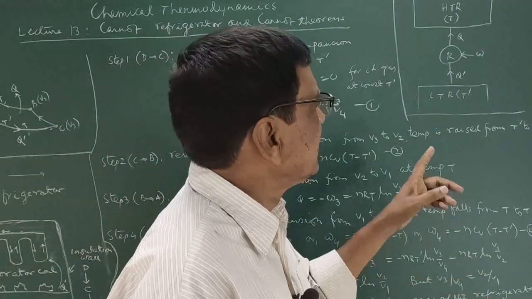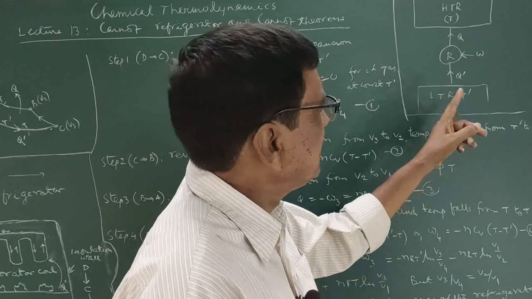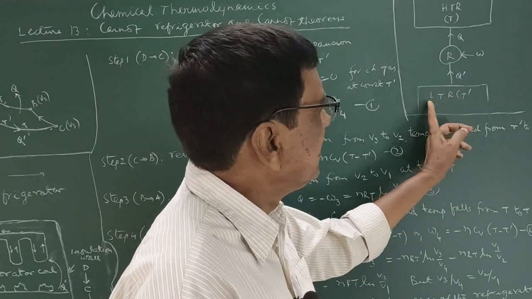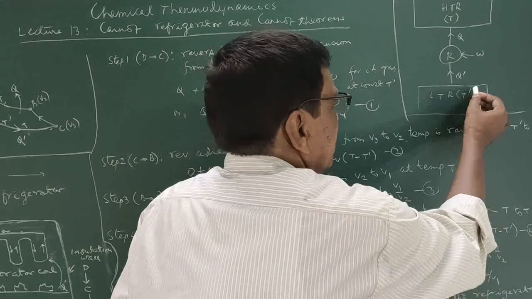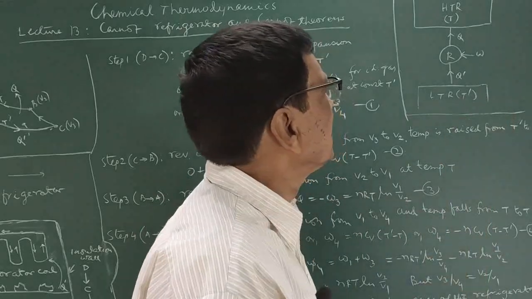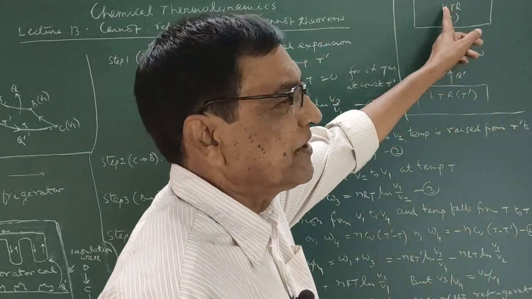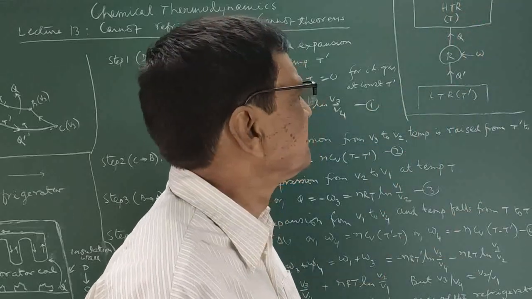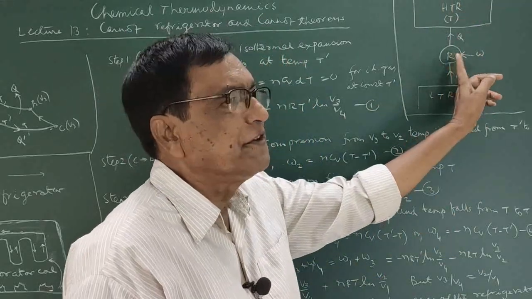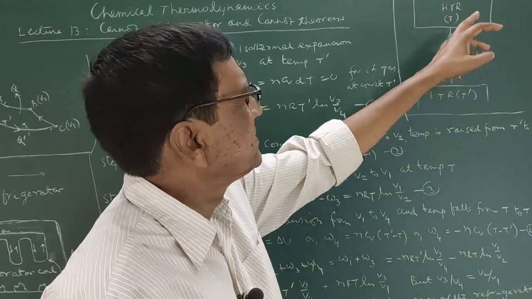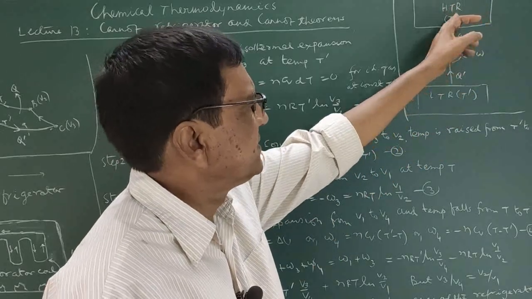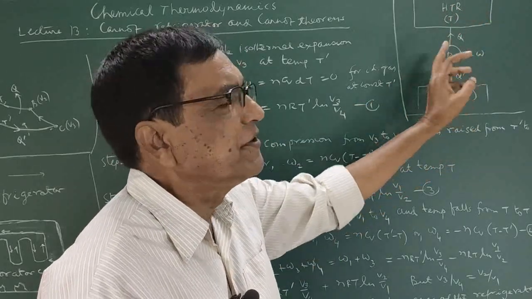Let us see the picture. Here it is LTR, the lower temperature reservoir, and the high temperature reservoir, and the refrigerator. So there are three parts: HTR, LTR and the refrigerator.